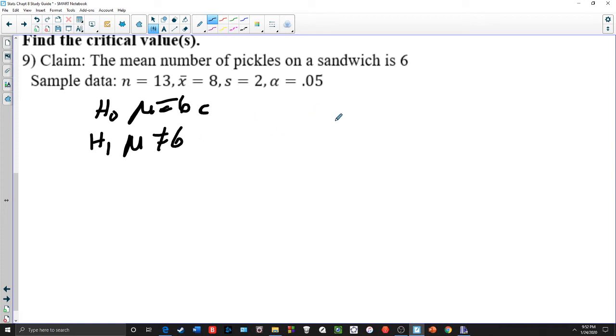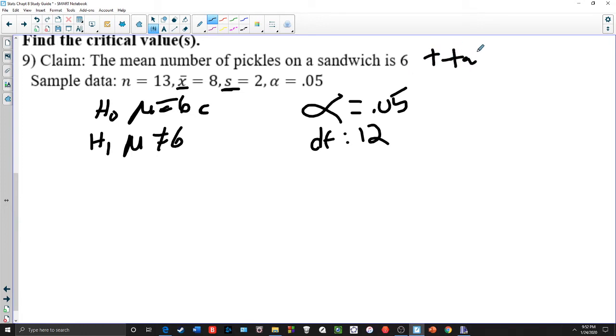The critical value needs an alpha, which in this case they told me is 0.05. And the critical value needs degrees of freedom, which in this case they tell me is 12. And I have lowercase s. So I have x bar and lowercase s, which means that this is going to be a t-table problem.